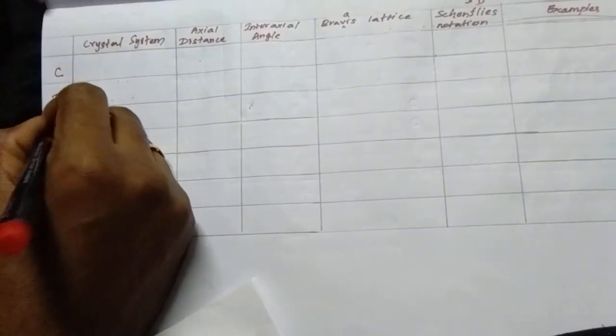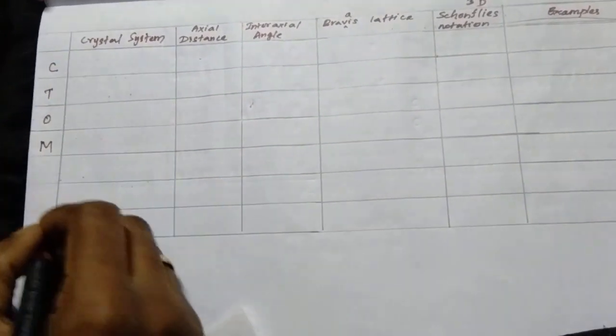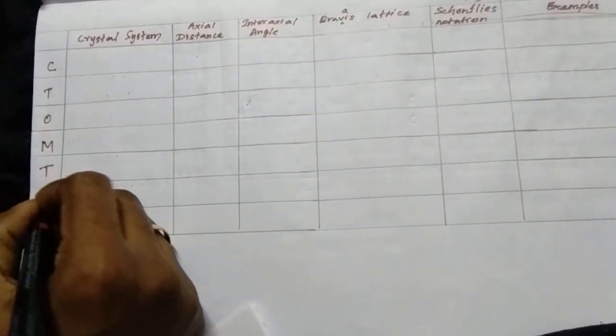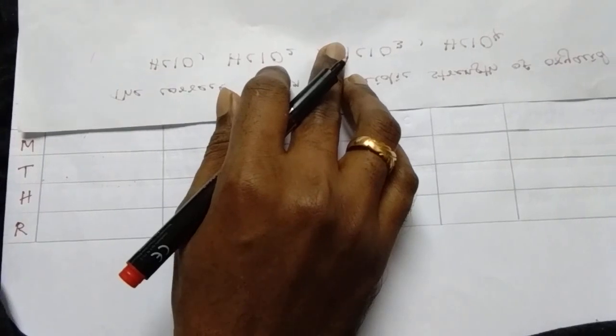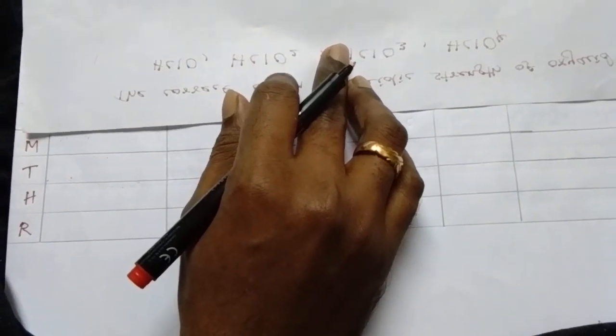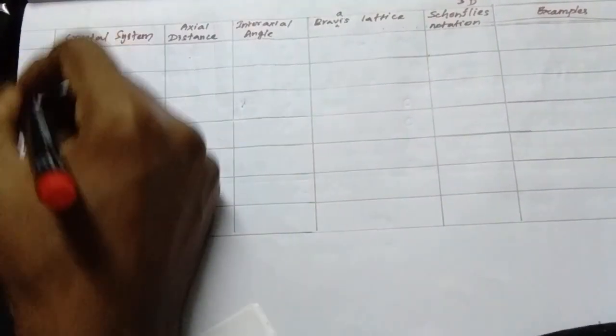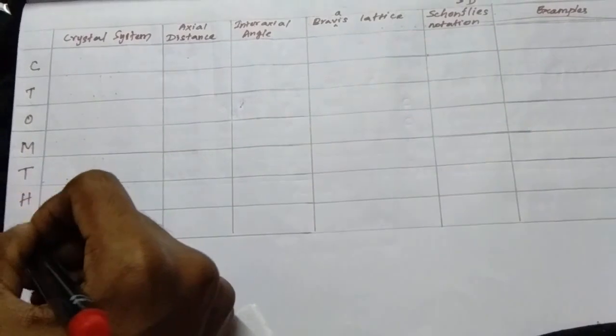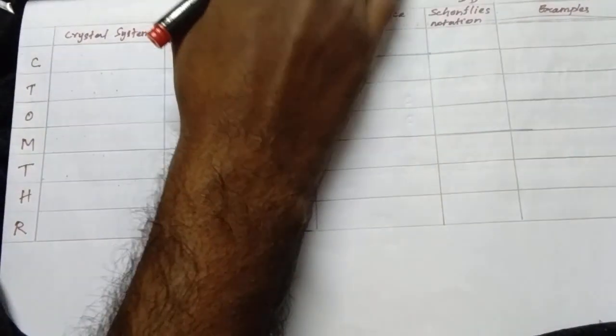You can use your own mnemonic. Don't bother about the grammar. Don't change the order of the letters C T O M T H R. You can use your own mnemonic in your own language.